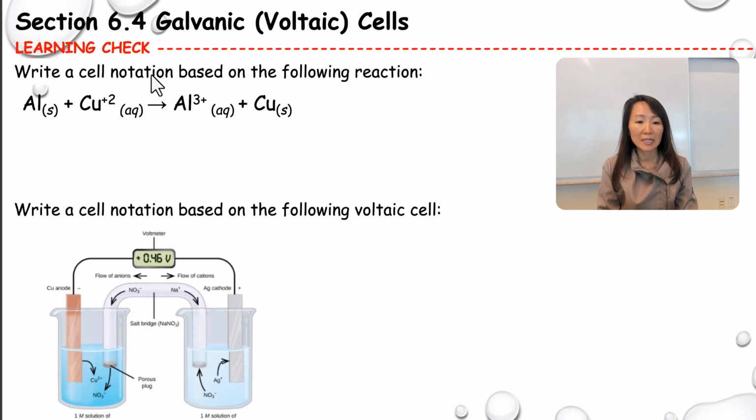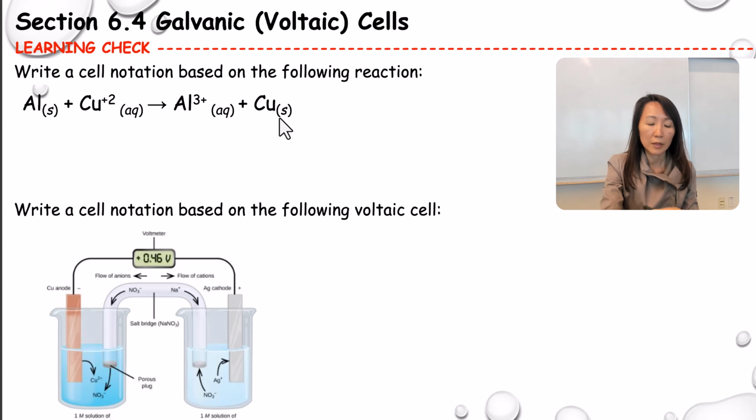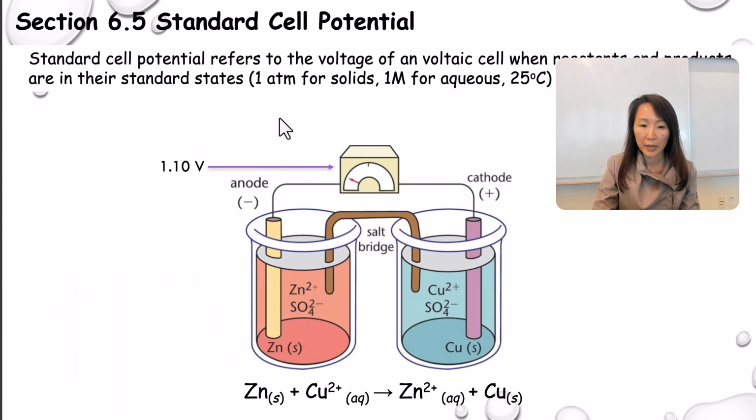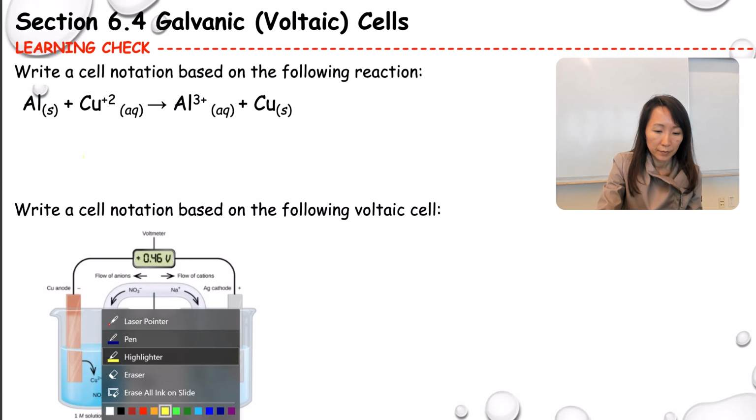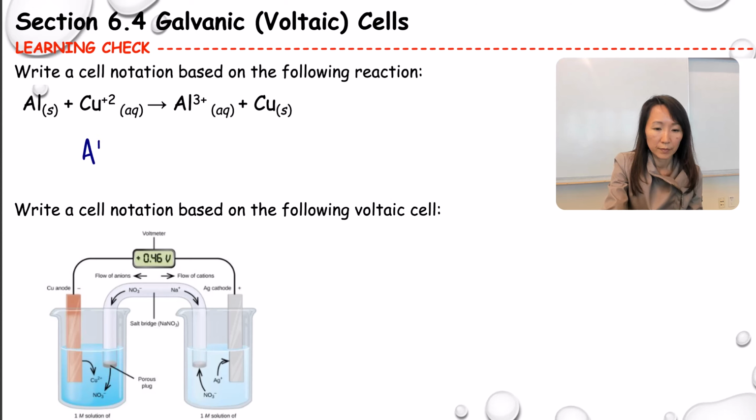Let's write a cell notation based on the following reaction, which shows aluminum plus copper 2+ forming into aluminum 3+ and then copper solid. So pretty easy here. We have aluminum solid forming into aluminum 3+ aqueous.